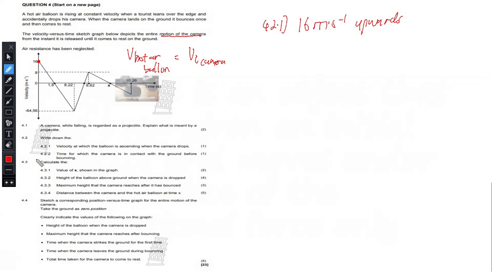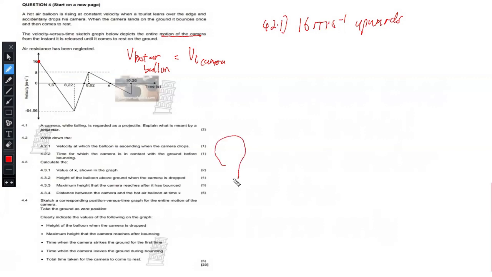Then, okay, 4.2.2 says, write down the time for which the camera is in contact with the ground before bouncing, right? Now, this is what you need to understand. This is the initial velocity here, and this is the time. Remember what happens. This is a hot air balloon.